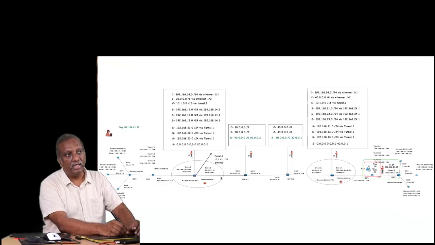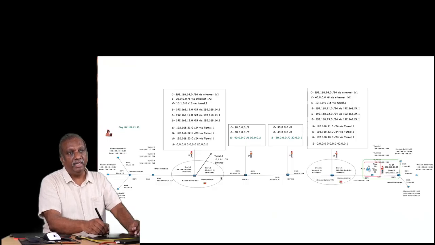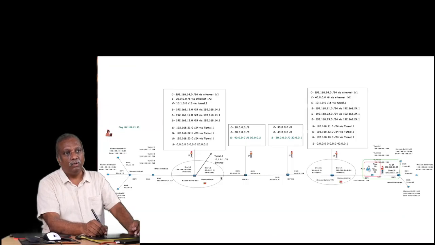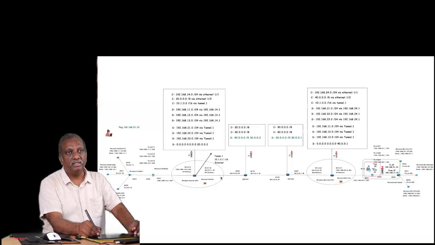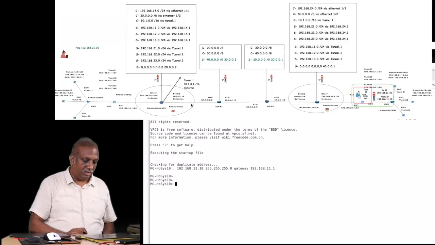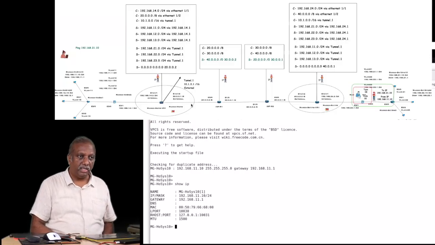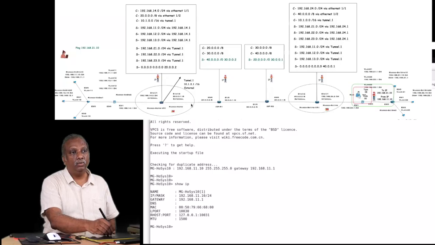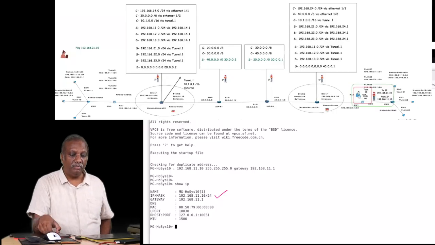So let us verify. Now I go to the activities. I go to the head office system 10, the Mango HO system. I give the command show IP. What is the IP address? 192.168.111.10. So I'm on this particular system. If you see the diagram here, I'm on the head office system, right?